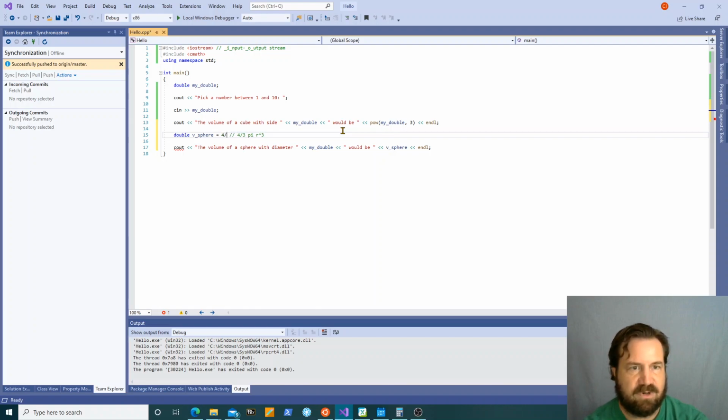So how would we get that in C++? We could say 4 divided by 3 times, how do we get pi? Well, there is a trick for that.